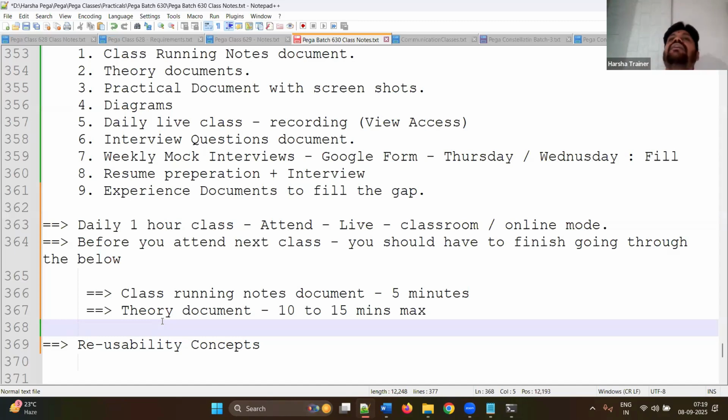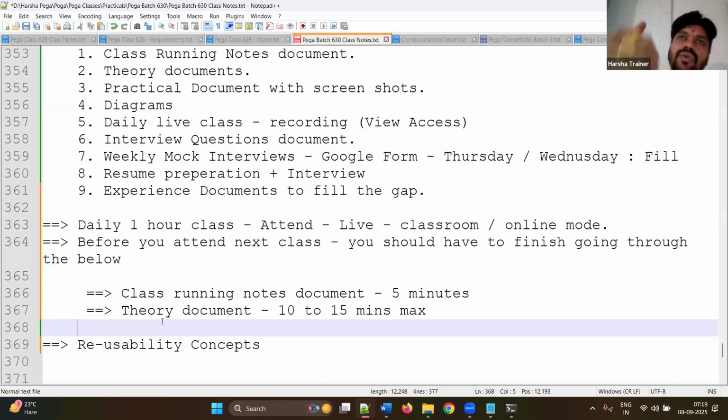This is the reason why I request every one of you to revise the things just for 1.5 hours on the weekend, especially on Saturday. Anyhow, 1 hour you are going to sit for the session, right? Morning 7 to 8. So the same time you regularly join, you sit in front of your laptop so that you don't need a separate schedule.